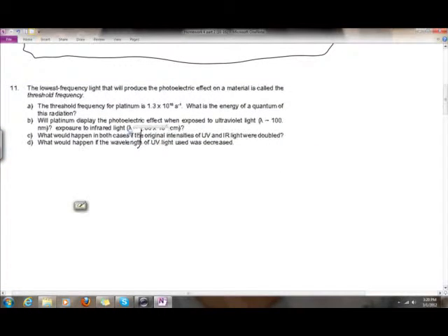Under number 11, from the homework. The lowest frequency light that will produce the photoelectric effect on a material is called the threshold frequency.